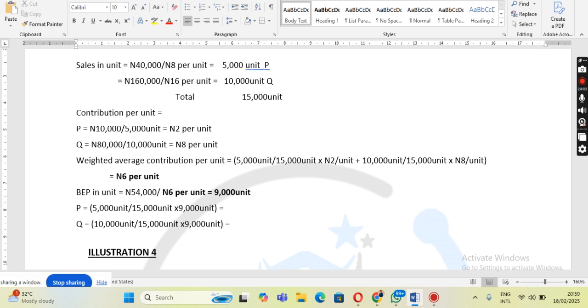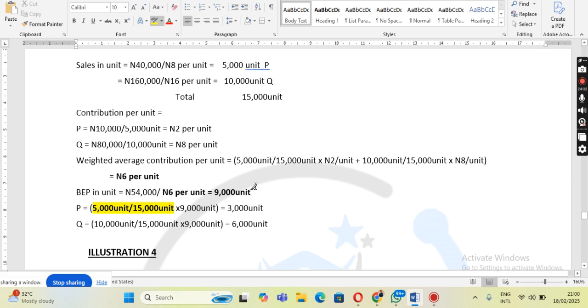If you get 3,000 here, automatically you get the balance of 6,000 here, you just subtract 9,000 minus 3,000. When you add these two together, you have 9,000 units. So, class, when you divide these two, it gives you the percentage of P in this total.